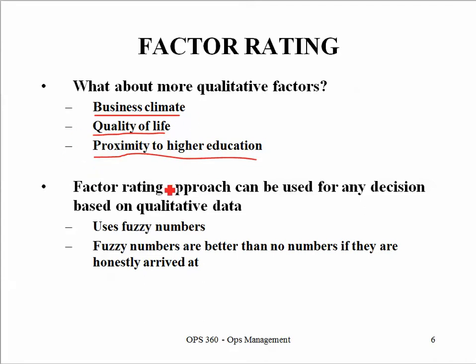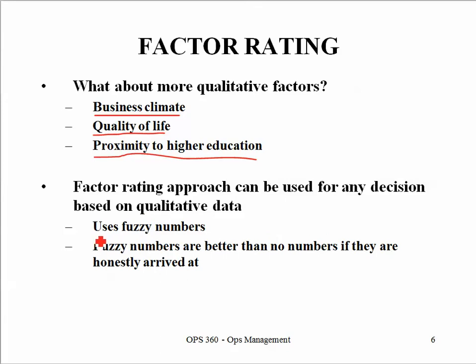Okay, all these are things which are a little harder to quantify than the strict setup or fixed costs and variable costs we were looking at in the previous model. But we still have a model here that we can use to help us reach a decision based upon these sorts of more subjective qualitative criteria. That's called the factor rating model.